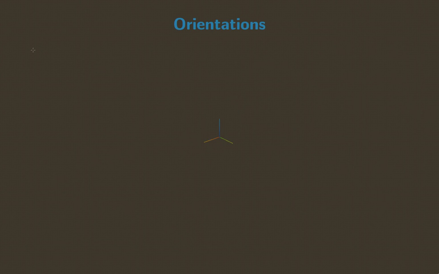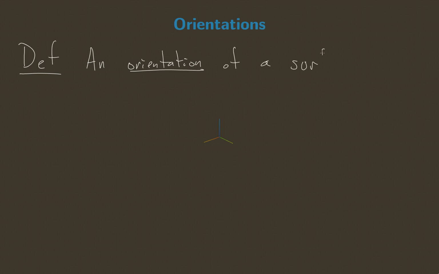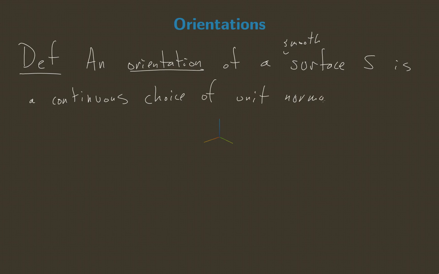Okay, so formally, an orientation of a surface S, I should say smooth, all our surfaces are smooth, is a continuous choice of unit normal vector that we'll write n.